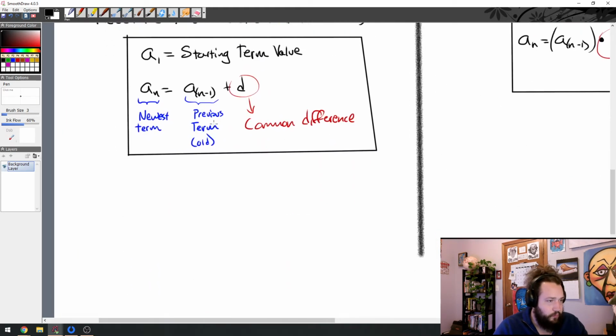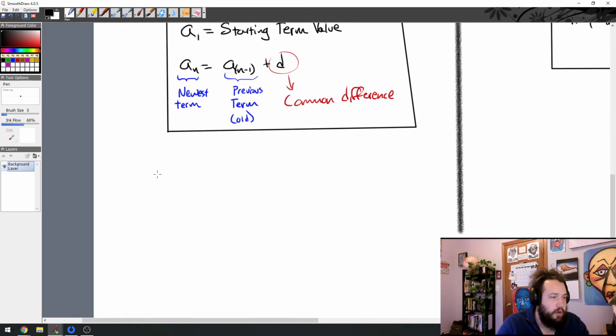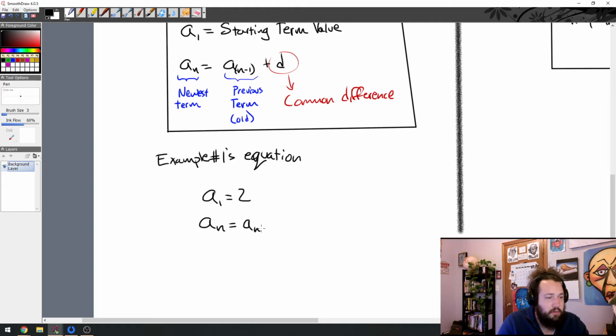So the example 1 equation is going to be A1 equals 2, and then AN equals AN minus 1 plus 2.